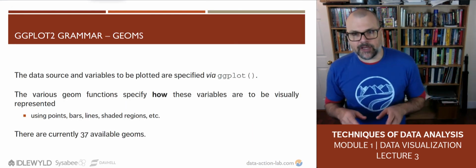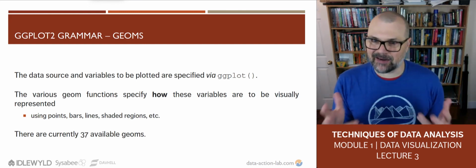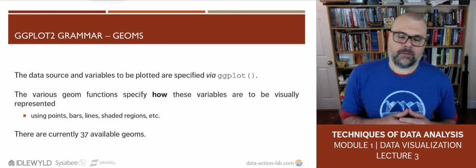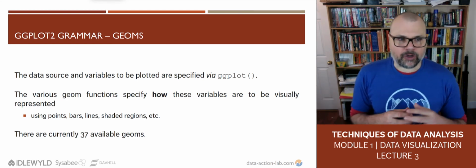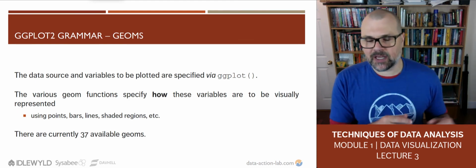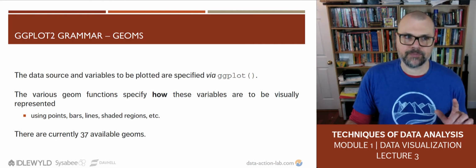Let me reiterate, until you've selected a geometry, you're not going to be able to see anything in your charts. I wrote there are currently 37 available geometries. That was when I made the slides. There are more than 37 available geometries, I promise you that.